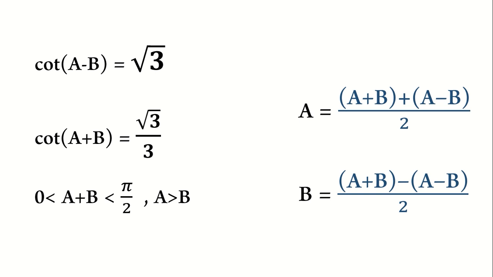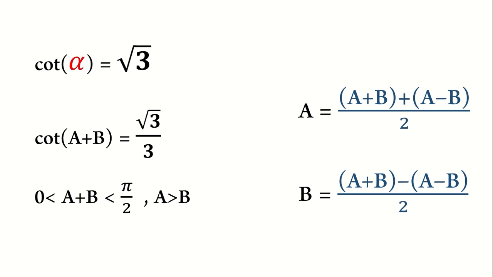So it's better to move the denominator terms to the other side of the equal sign. So we have 2a and 2b as the summation or subtraction of two terms.